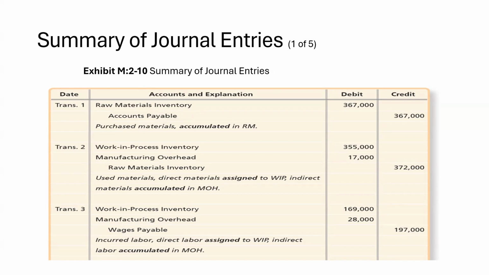Transaction 3 deals with the work in process inventory, where you have a debit of $169,000, a debit of $28,000 to manufacturing overhead, and wages payable is credited for $197,000.